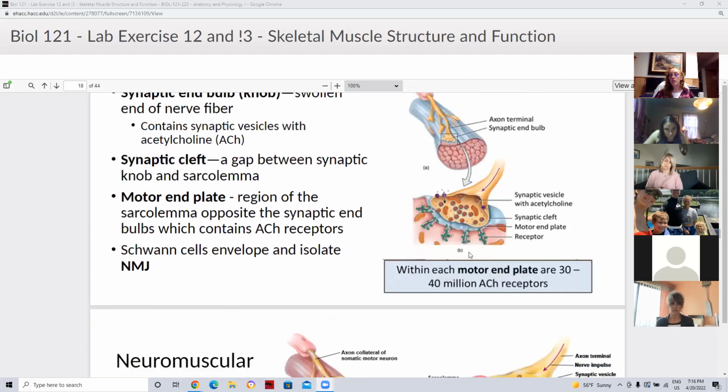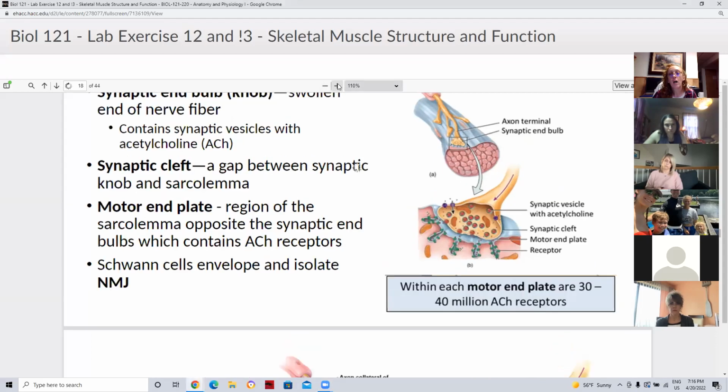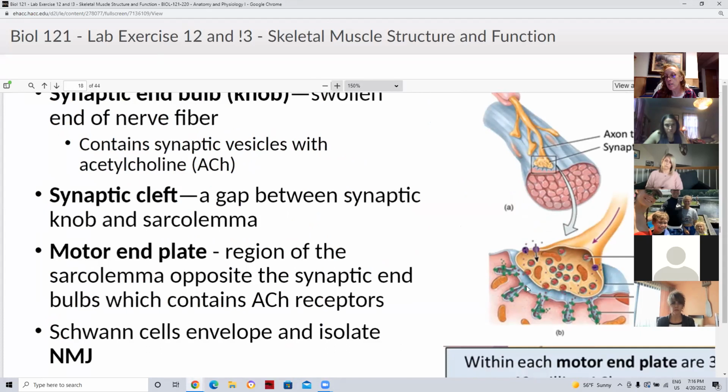The motor end plate is the area of the sarcolemma that's opposite the synaptic knob, which contains acetylcholine receptors. When the acetylcholine is released into the synaptic cleft, it's going to diffuse across the cleft and bind to the acetylcholine receptors.